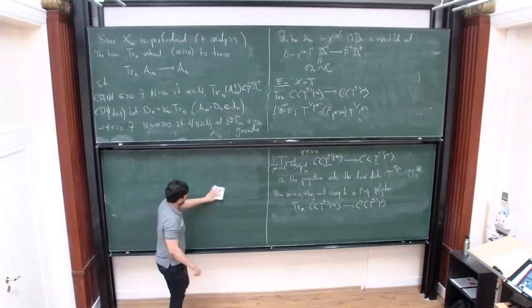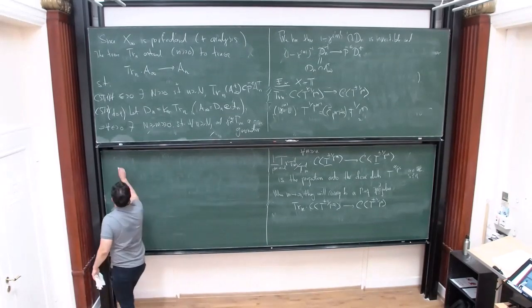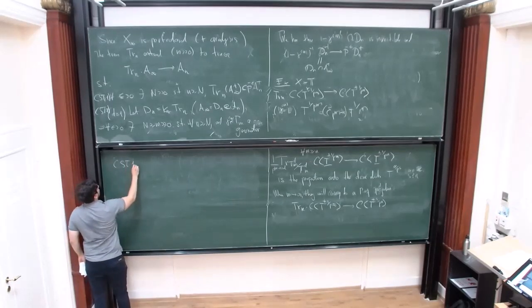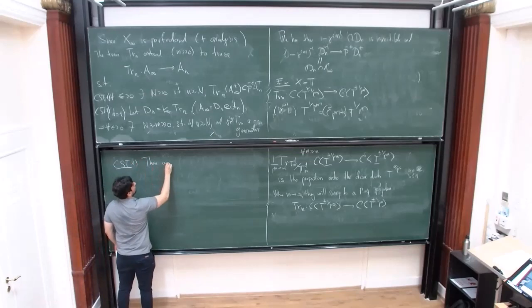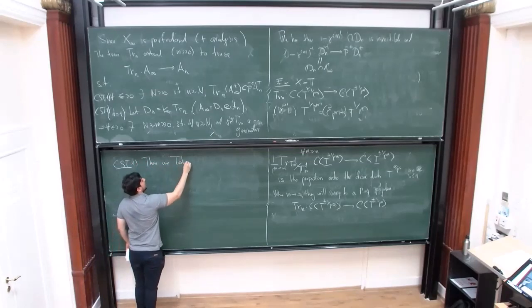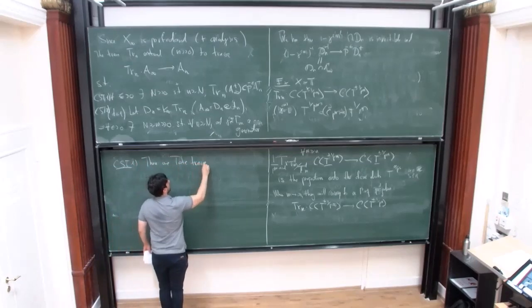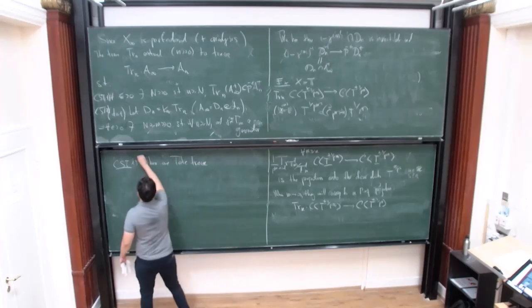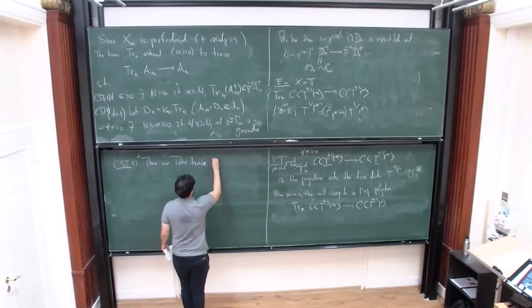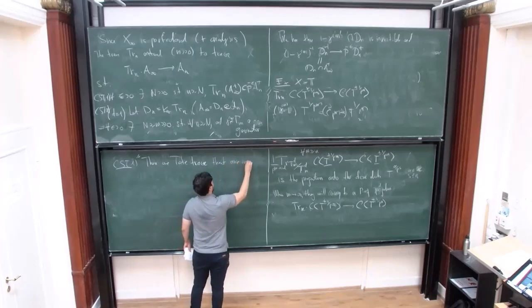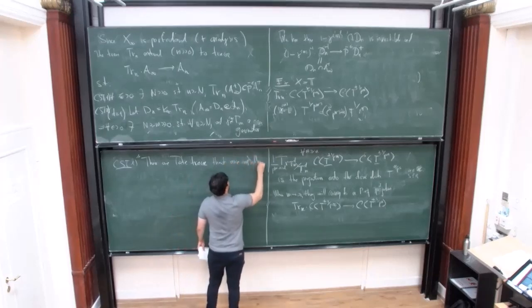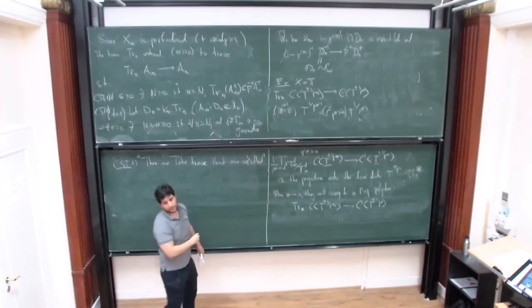Okay. Basically, this action, the first one, says that there exist traces, there are ten traces that are controlled. So we can control the bound of these ten traces.